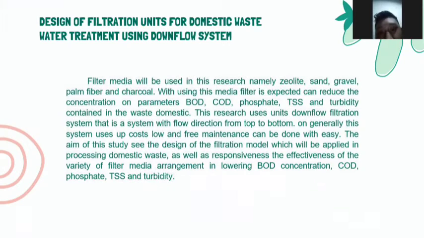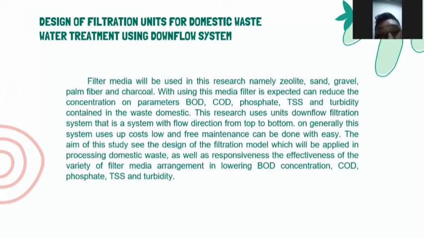Design of filtration unit for domestic wastewater treatment using a flow system. The filter media used will be zeolite, sand, gravel, palm fiber, and charcoal. Using these filter media is expected to reduce the concentration of BOD, COD, phosphate, TSS, and turbidity contained in the domestic waste. This research uses a downflow filtration system, that is, a system with flow direction from top to bottom.